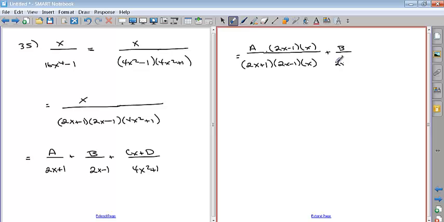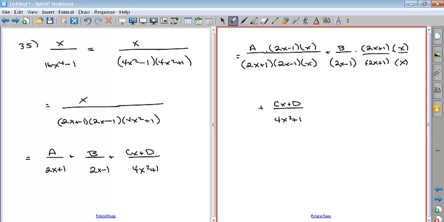So you get b over 2x minus 1 times 2x plus 1 divided by 2x plus 1 times x divided by x. So again, I'm multiplying by 1, getting the same denominator. And then the final one, cx plus d over 4x squared plus 1.